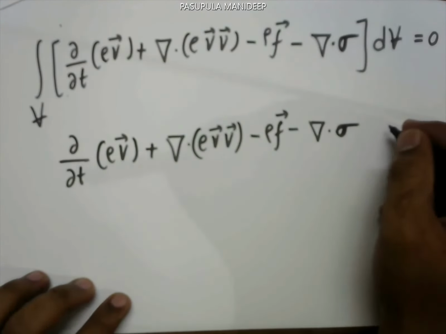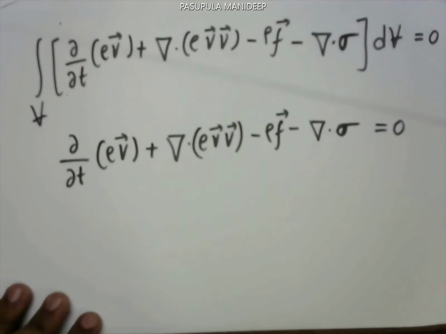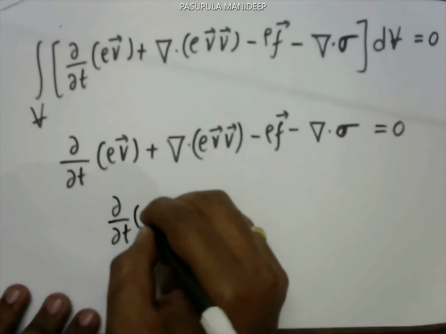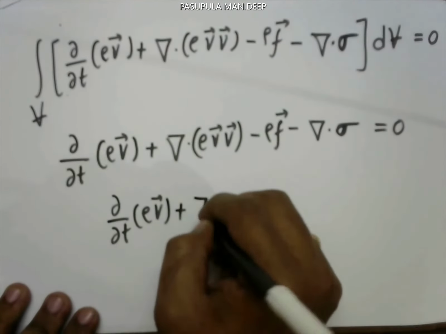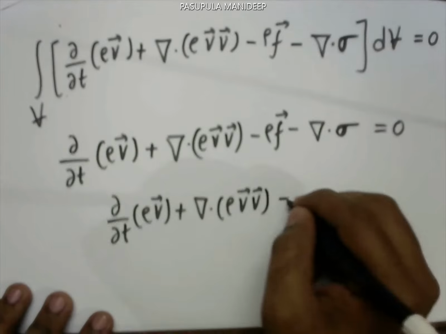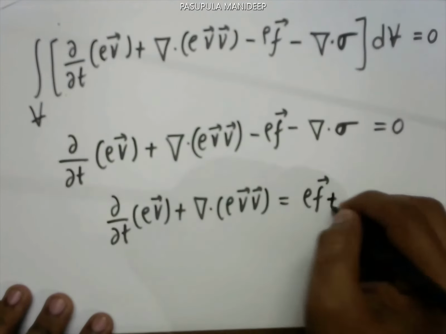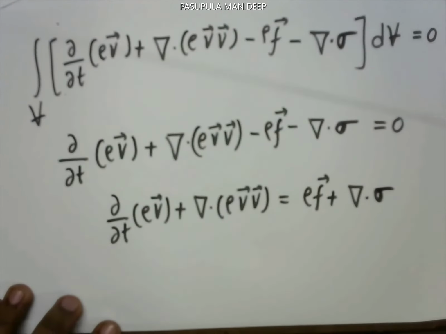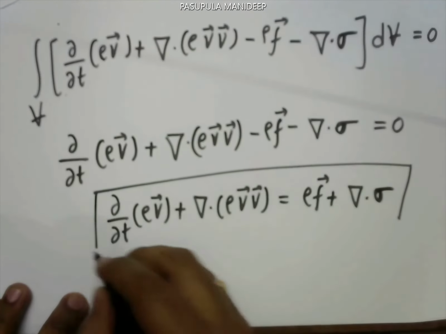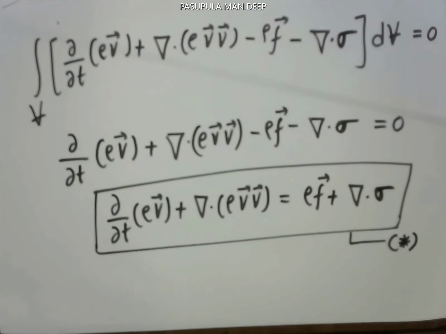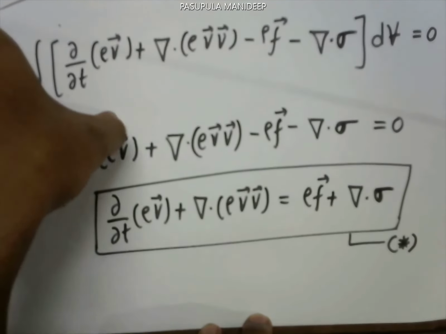Now we can rewrite this equation as del by del t of rho v bar plus grad of rho v bar v bar equal to rho f bar plus grad dot sigma. Let us term this equation as equation star, right? This is our conservation of momentum equation as of now.